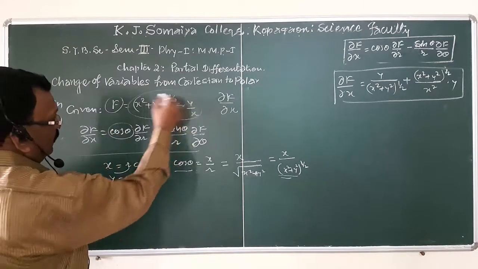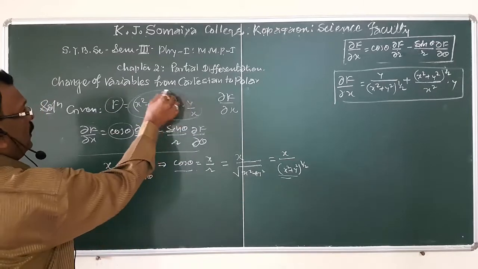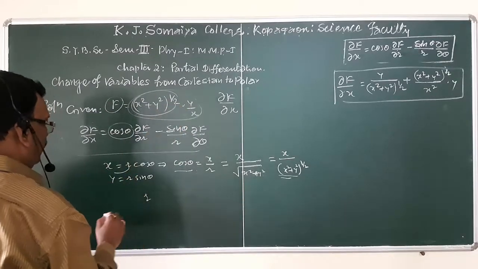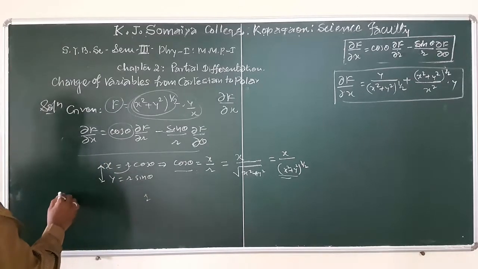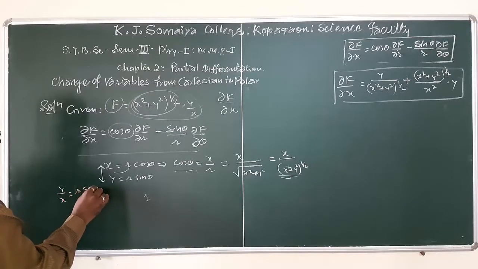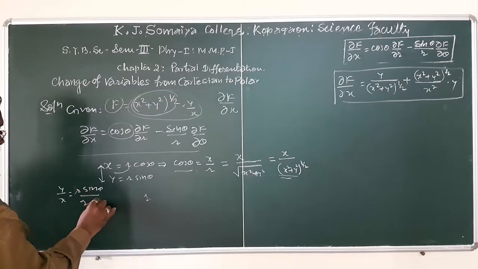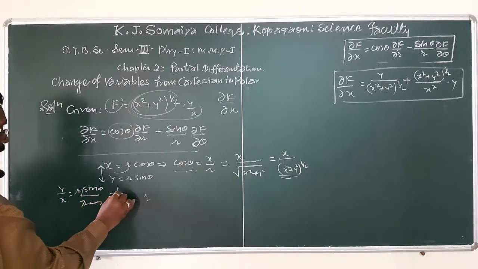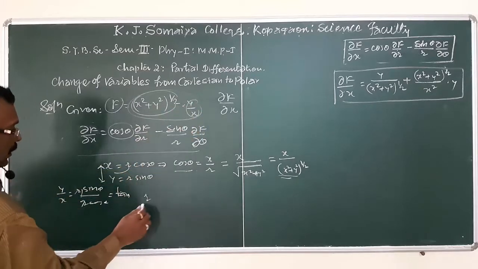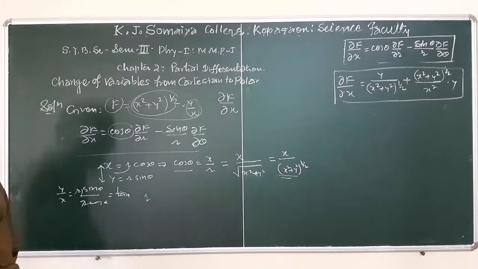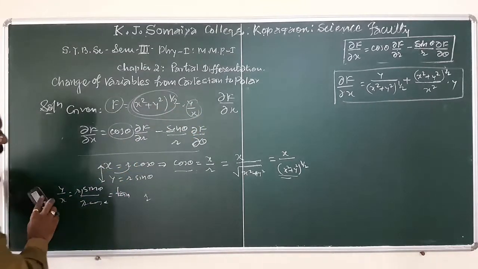Instead of this we can write r, and when we take these two relations, y upon x, we have r sin theta upon r cos theta, r gets cancelled, and we get tan theta. That is, instead of this we can write tan theta. Okay, remember that.